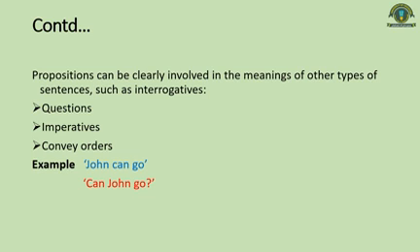In saying John can go, a speaker asserts the proposition that John can go. And the second one, can John go? In saying this, he mentions the same proposition, but merely questions its truth. So we say that corresponding declaratives, interrogatives and imperatives have the same propositional content.